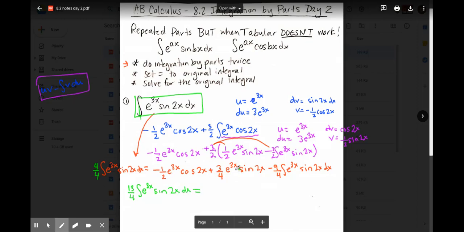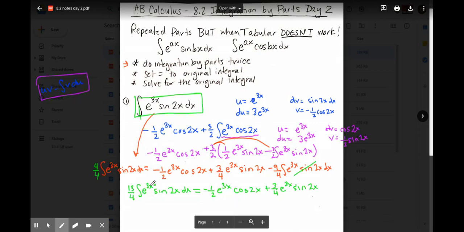equals these two terms here, because I move this to the other side. So negative 1/2 e to the 3x cosine 2x plus 3/4 e to the 3x sine 2x.